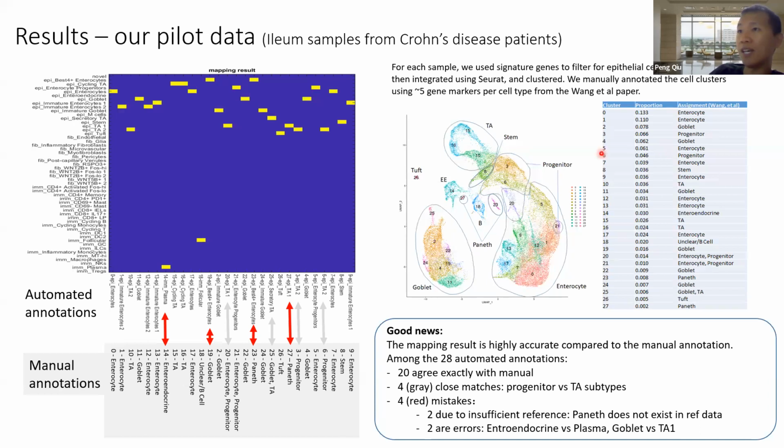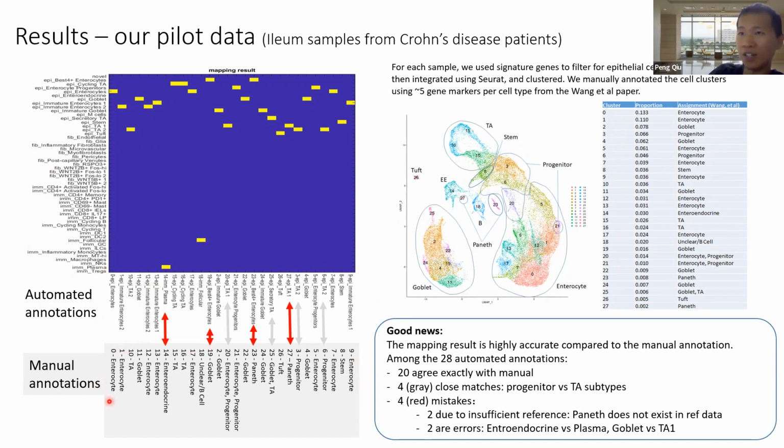And then what we did was, for all these clusters, we fed them into our automated cluster annotation algorithm against the 51 cell types in the Smillie et al. reference dataset. And this list shows the annotation result from the automated algorithm.